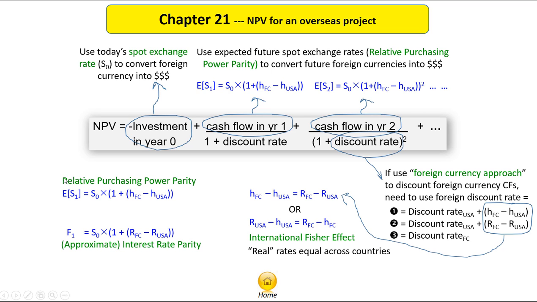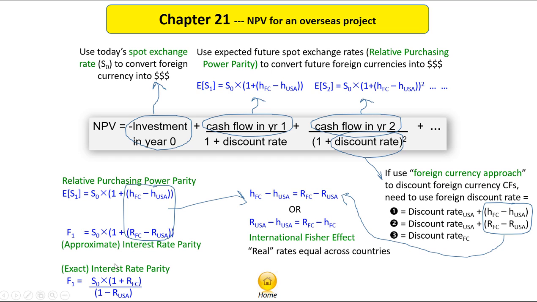Comparing these two formulas, the relative purchasing power parity and the approximate interest rate parity, you realize that they're very similar, and the difference between the inflation rates is the same thing as the difference between the risk-free rates, and we already had that covered in the international Fisher effect.